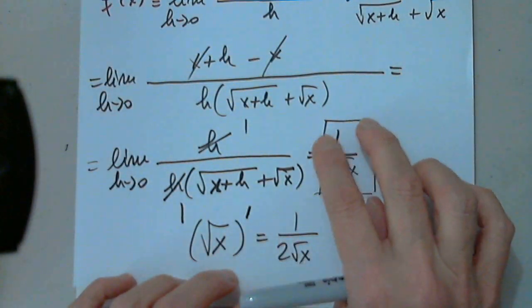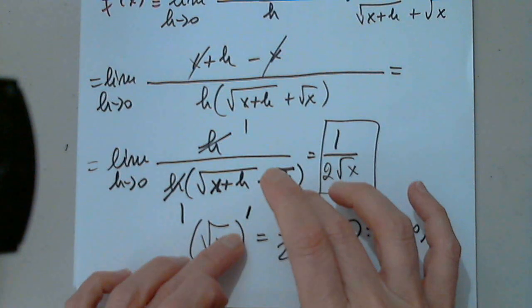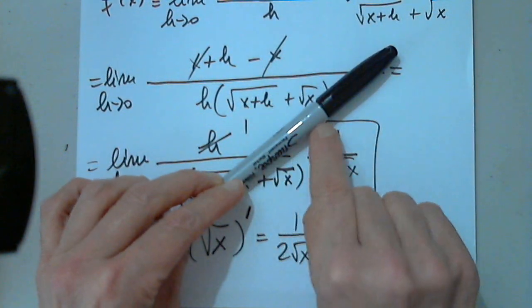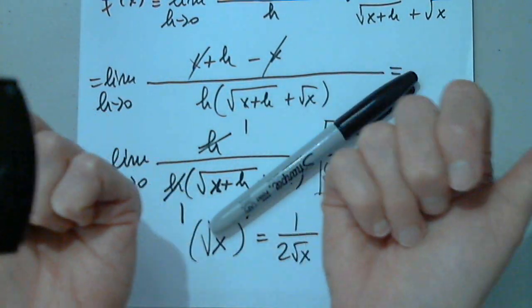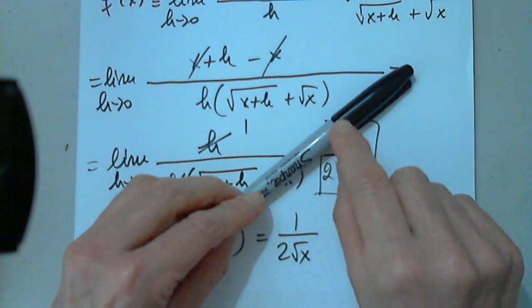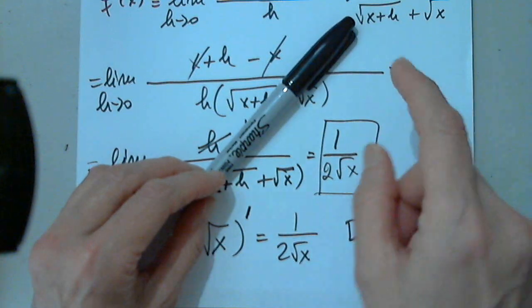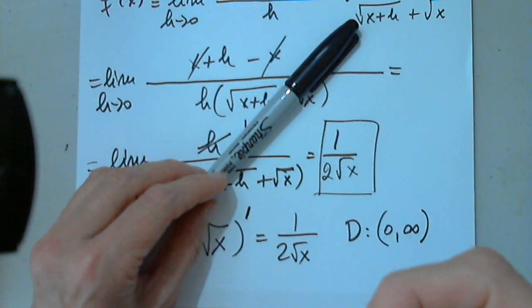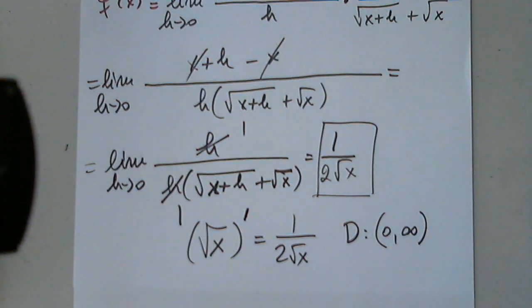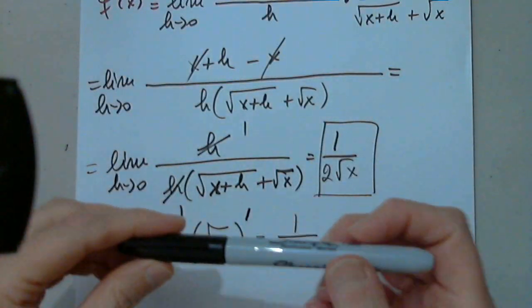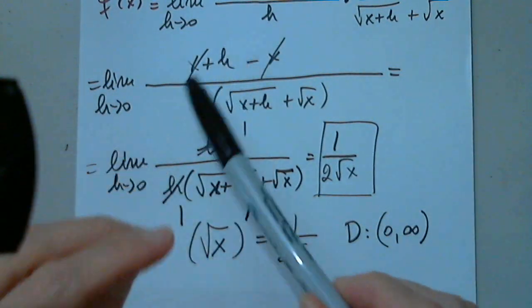This is the concept of the derivative. So this is the limit of the difference quotient, which gives us the tangent. It does not give us the limits at infinity. It gives us the slope of the tangent line at every point where the original function is differentiable. It has nothing to do with horizontal asymptotes or vertical asymptotes.